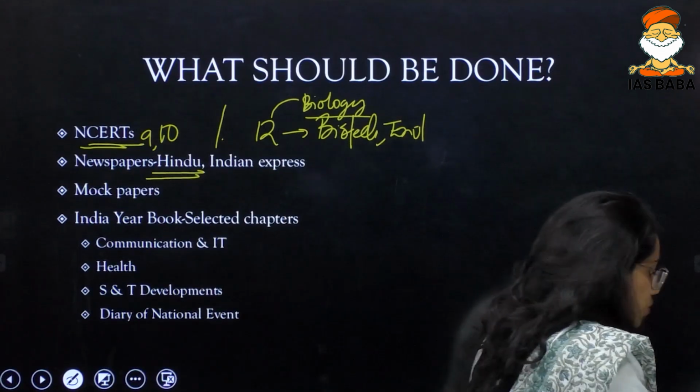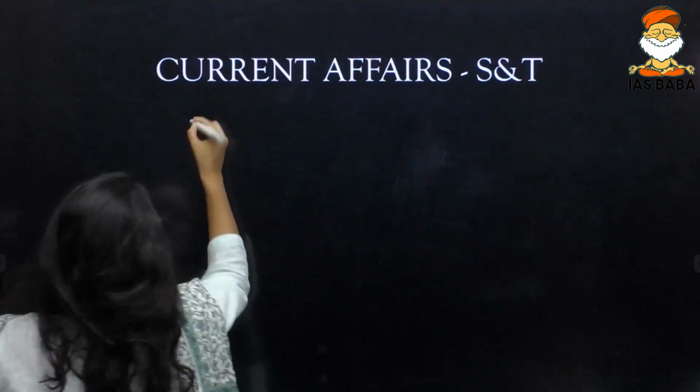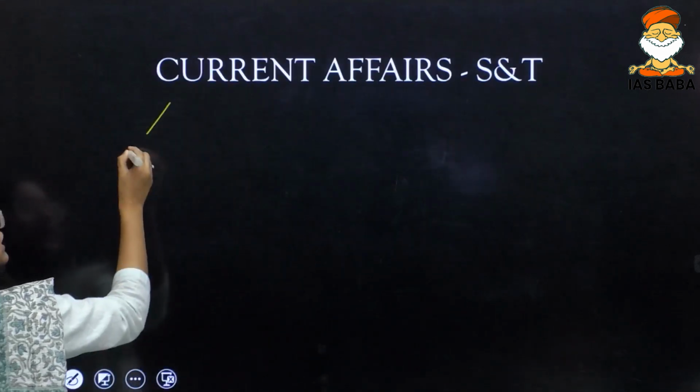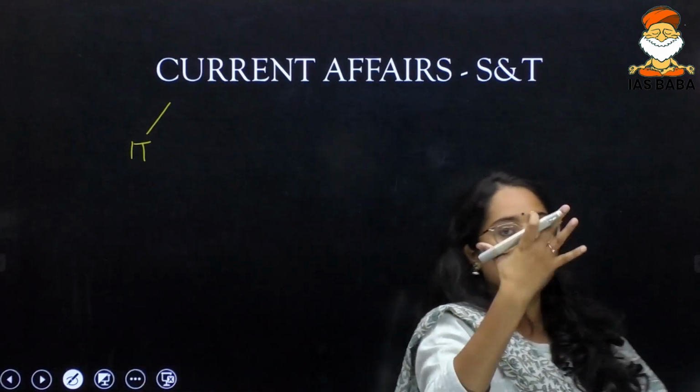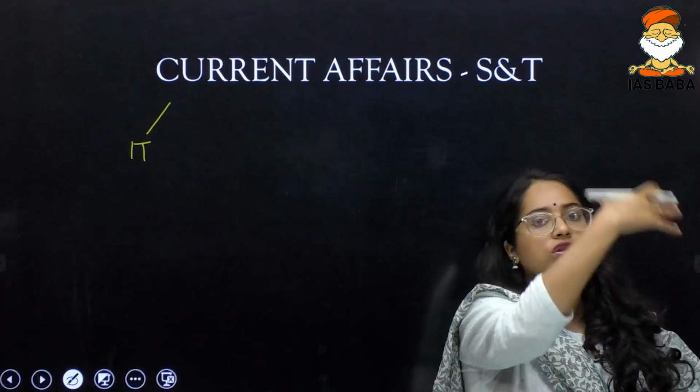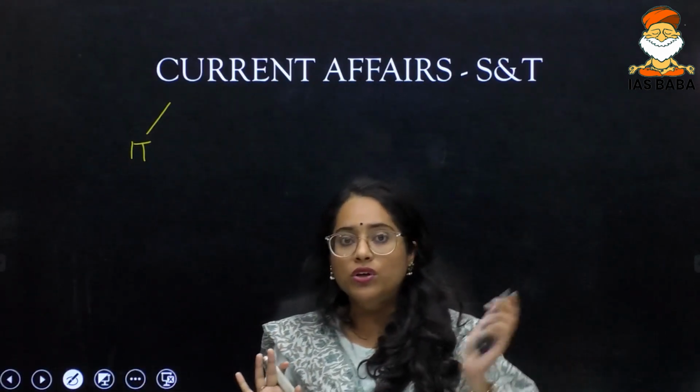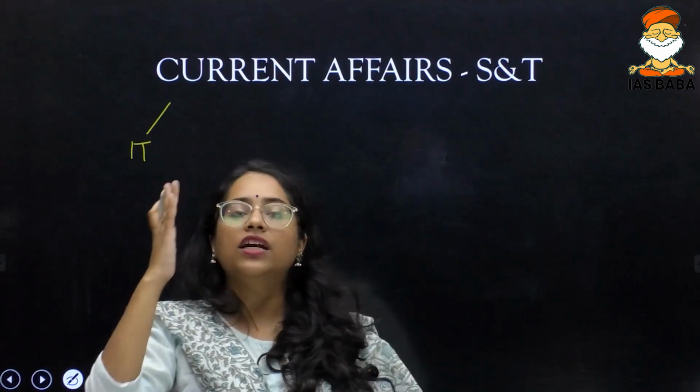Specifically when it comes to your science and tech, I'm again stressing that when you read something, take a notebook, whatever current affairs place you're using. If you're doing it in an e-note, again, Evernote or something, do it there. But divide it into certain parts.